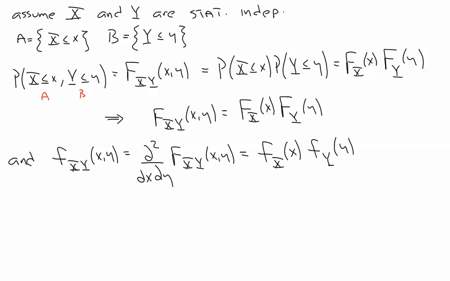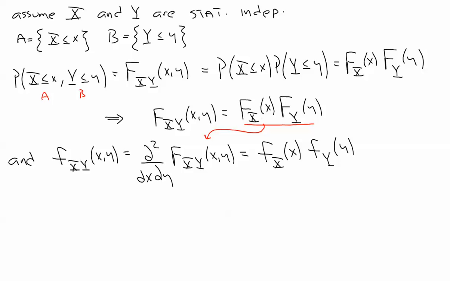If I take this result, the product of marginal cumulative distribution functions, put it into there, then I just get the partial derivative with respect to x of the cumulative distribution function as a function of x times the partial derivative with respect to y of my cumulative distribution function as a function of y.